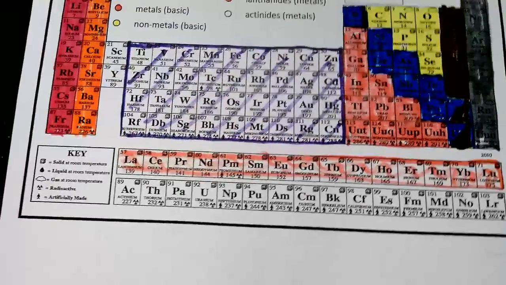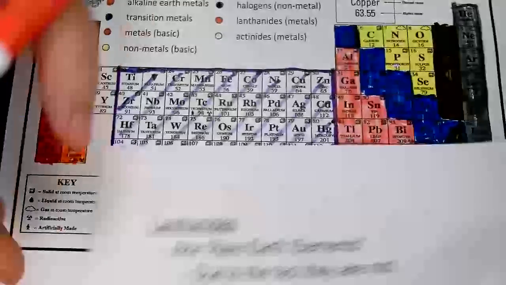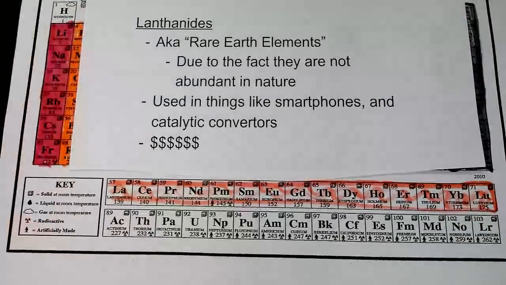So the lanthanides are also known as the rare earth elements because they're not really found abundantly in nature. They're used in things like your smartphone, and they're used in catalytic converters in cars. And they're worth a lot of money because they're very rare.